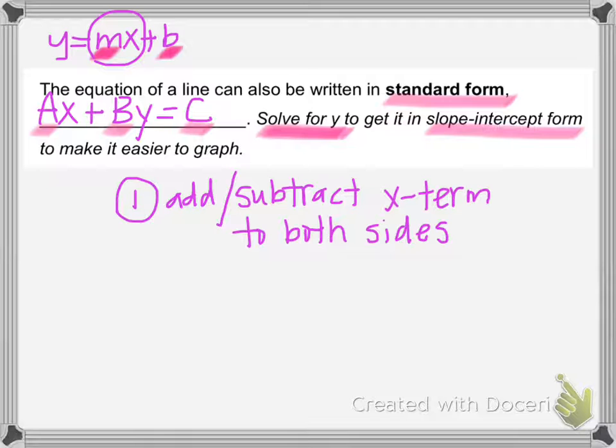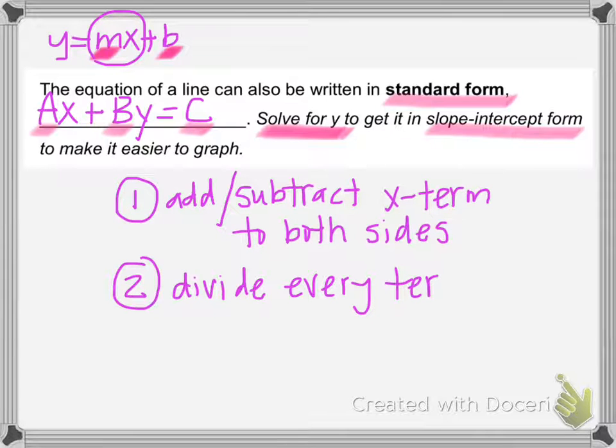The next thing you're going to do, you'll have just By on the left, but you've got to get rid of that B, that coefficient of y. So the second step you'll do is you will divide every term by the coefficient of y.